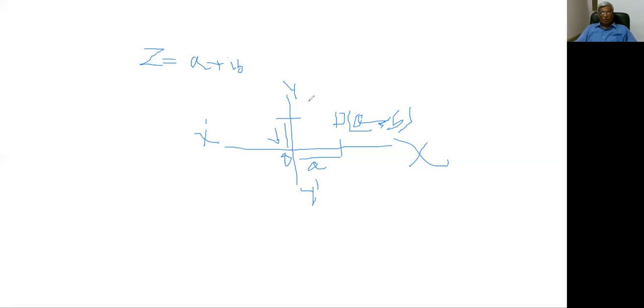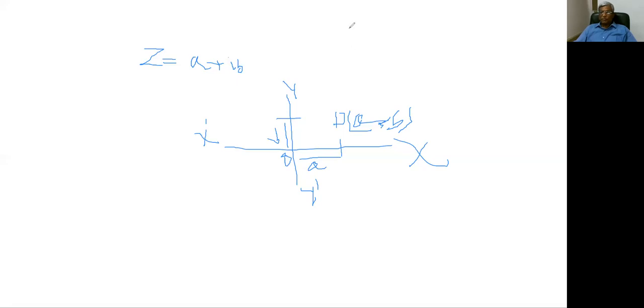So I hope, learners, you have got it, how to represent a complex number on the Argand diagram, or how to justify that a plus iota b is a complex number.